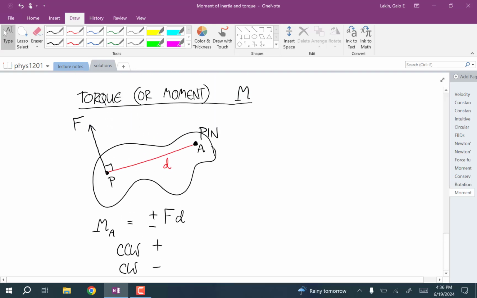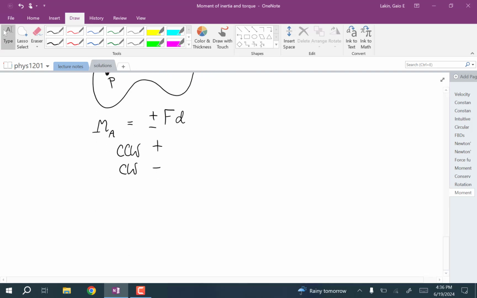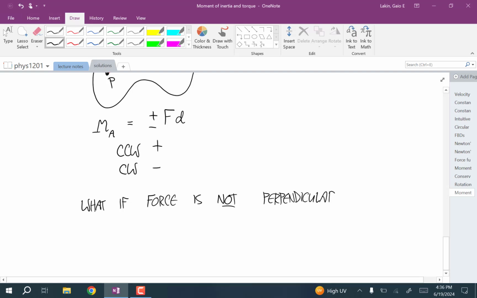Well, there are infinitely many directions of force that we could have applied where this line is not perpendicular to the force. So what do we do? What if the force is not perpendicular to the line from A to P?